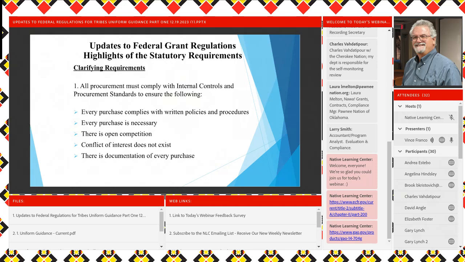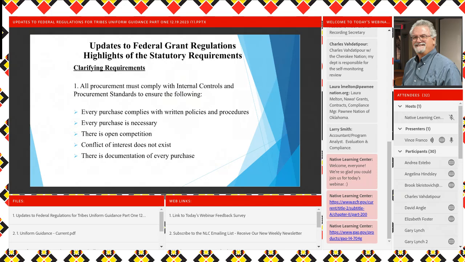The bottom bullet there is the most important. You document every single purchase, whether it's paper clips for the office or whether it's the lumber and PVC pipe for your home construction in the field and everything in between. You have a procurement process that addresses every single procurement, regardless of the dollar value.